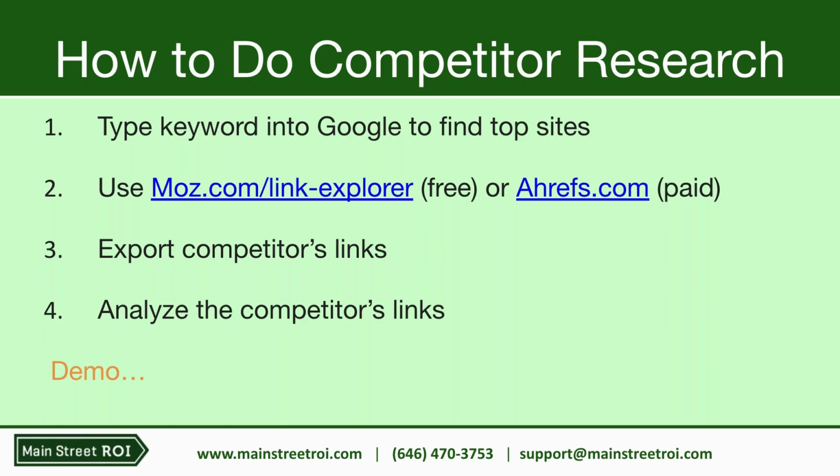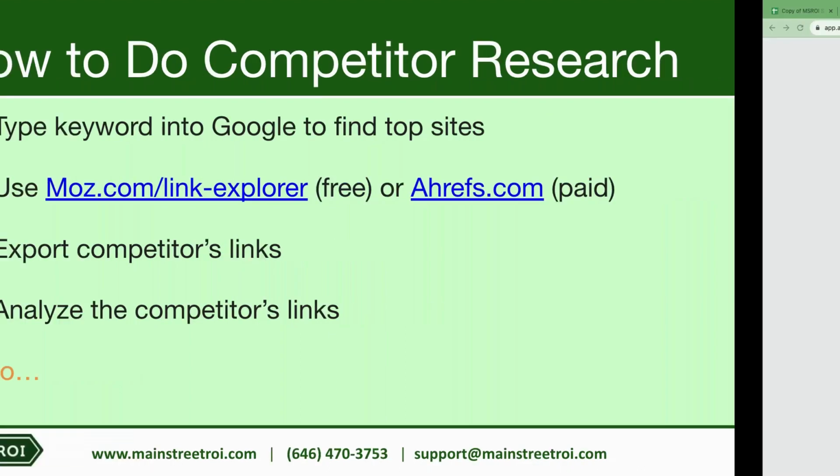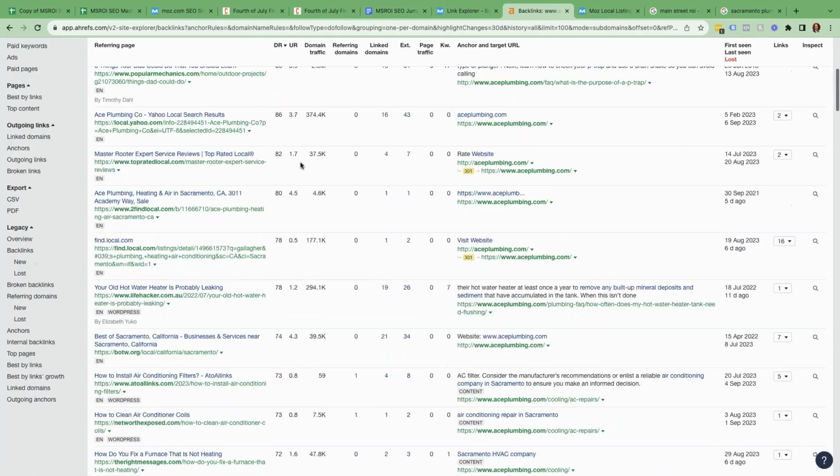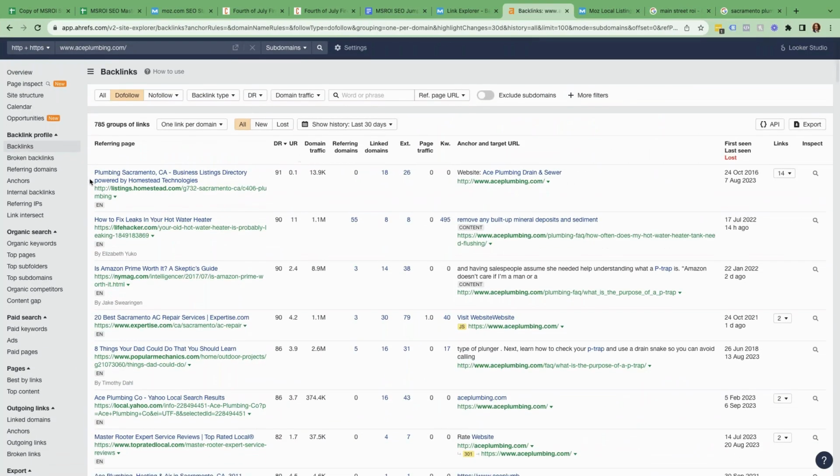And then as I'm going through, I'll go one by one and say, okay, is this domain listed in my client's list? And if it's not, I will add it as a potential. If it is, I'll ignore it and just move on.